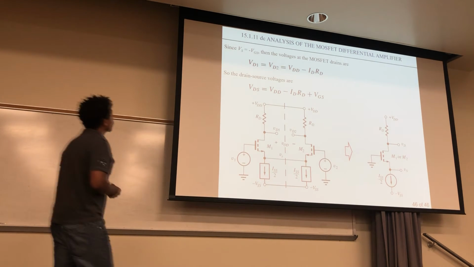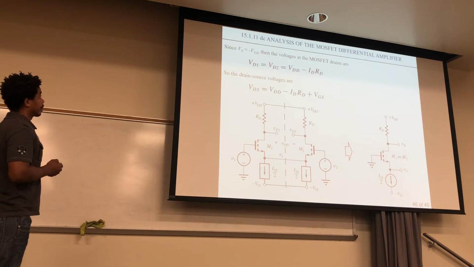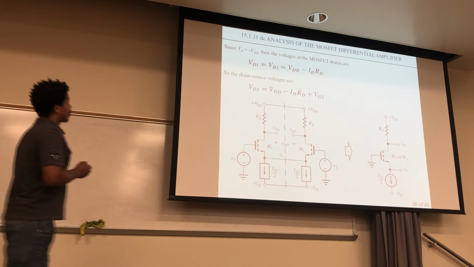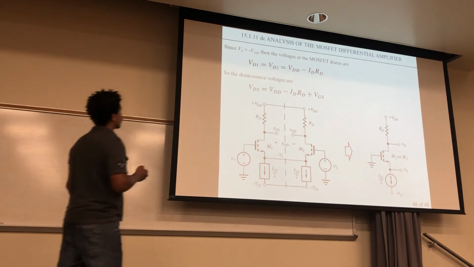And then last, since VS is going to be negative VGS, the voltages at the MOSFET drains are this right here. So this voltage equals that one on both sides, right? These two things are equal. And that is equal to VDD minus IDRD.